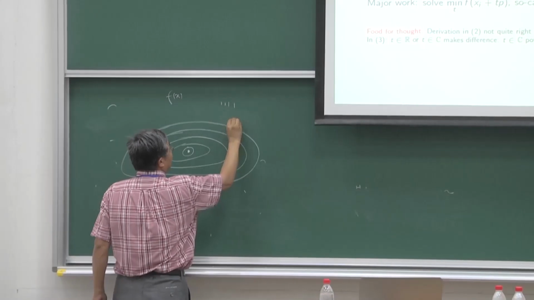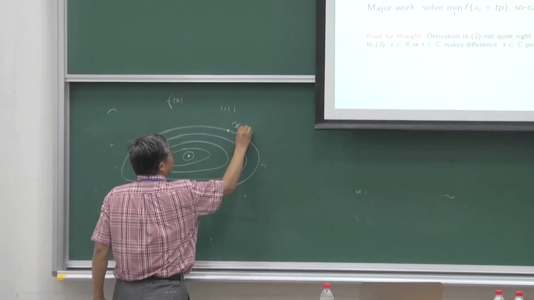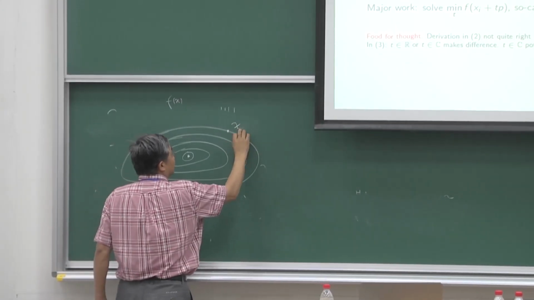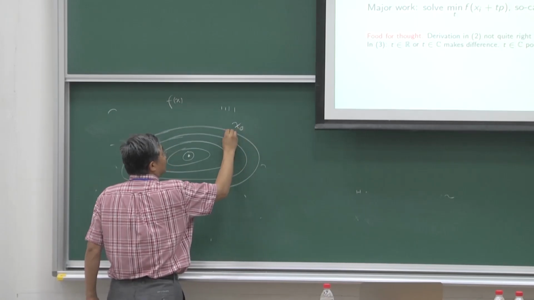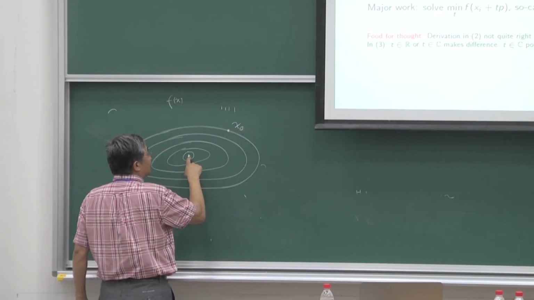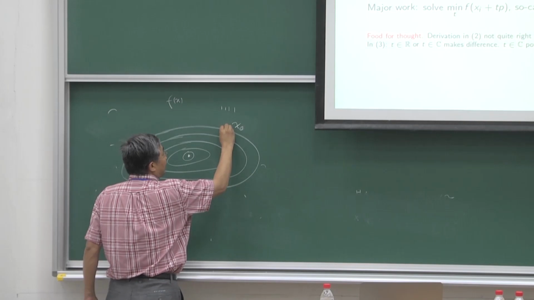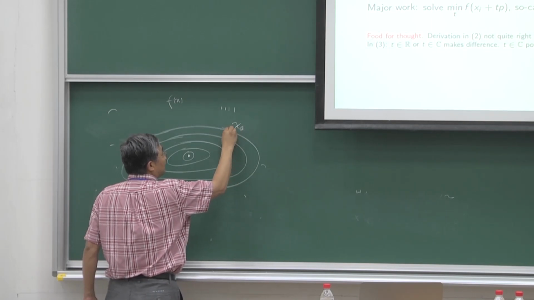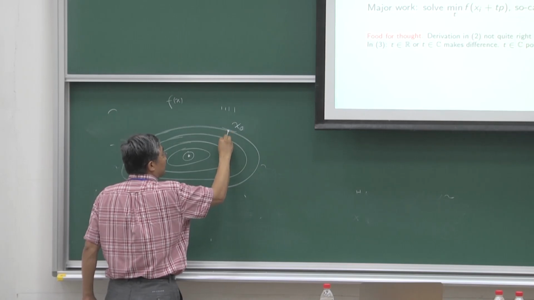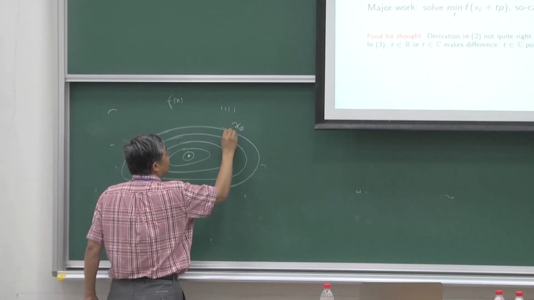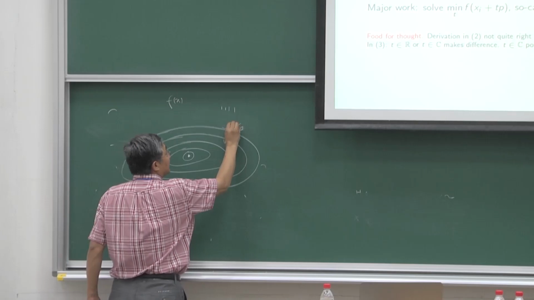Suppose you have this point x0. We can start with any x0. The minimum is here, but at any particular point you compute the steepest descent direction. This turns out to be the gradient direction, in which the function increases.